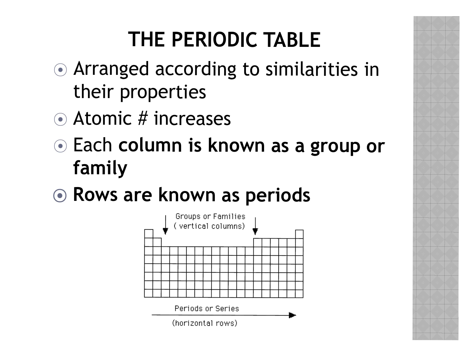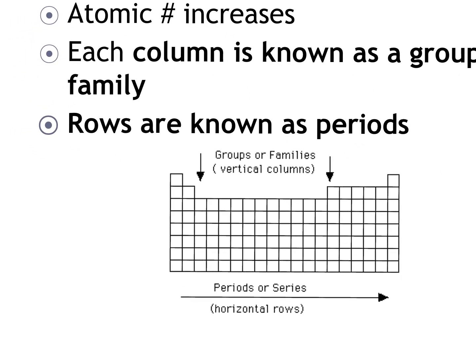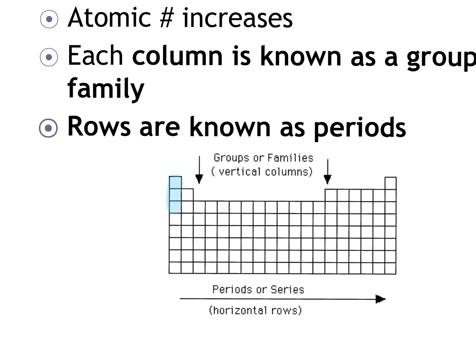Then you need to know what we call columns and rows. This is where you should go to your first periodic table, the first blank one. I would just color in one column. Columns are called groups or families.